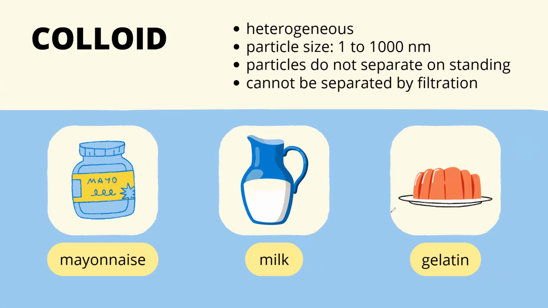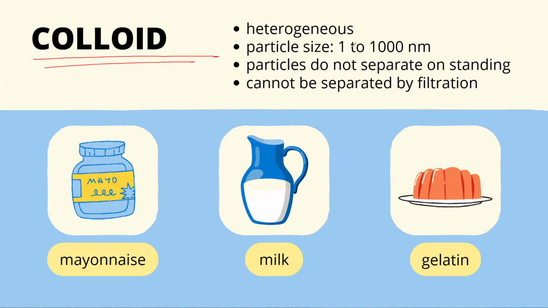So the next type of mixture that we have is called the colloid. Can you say that after me? The colloid. Good. Have you heard this word before? I've heard of it before. Okay. Did you ever stumble across any explanation as to what it means? Not really, sir. Okay, so let's explain what it means now.